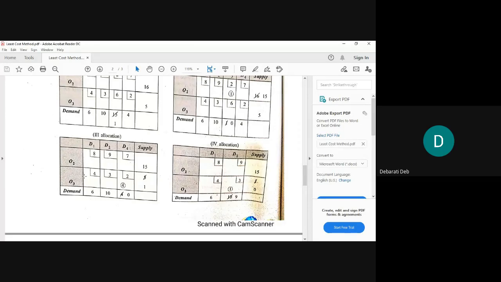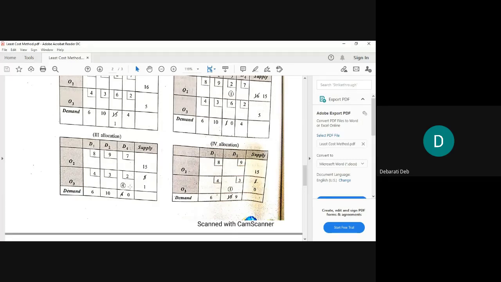In this third allocation, we can clearly see that the least cost is 2 in the cell O3D4, right? That is here it is 2.